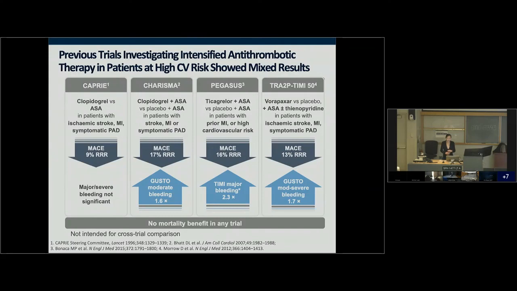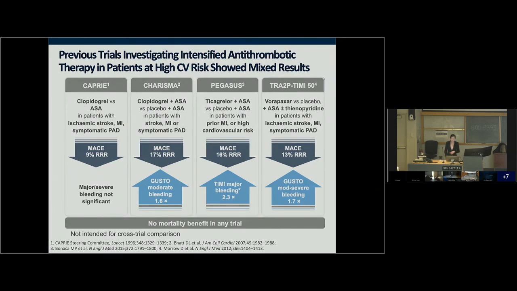And although all of these studies, and there are many others too, did show a reduction in MACE a little bit, there was an unforgiving increased risk of bleeding, such that these have never really taken off, except in certain circumstances.